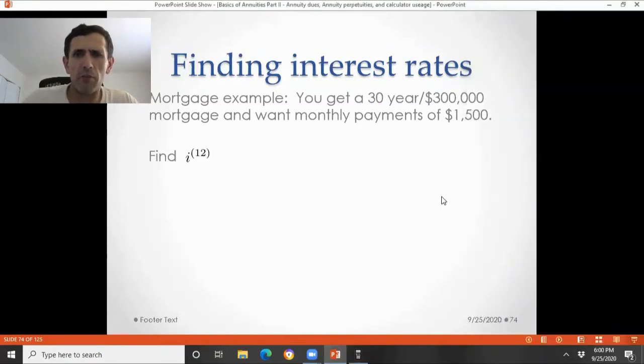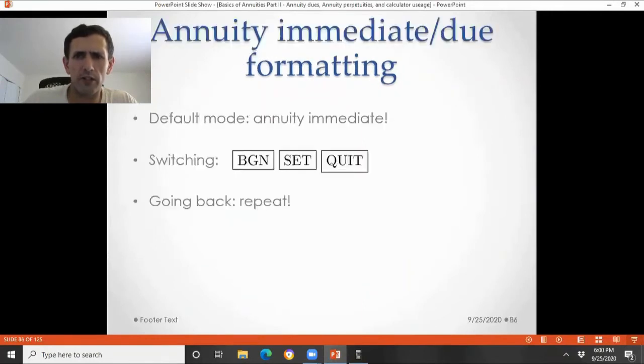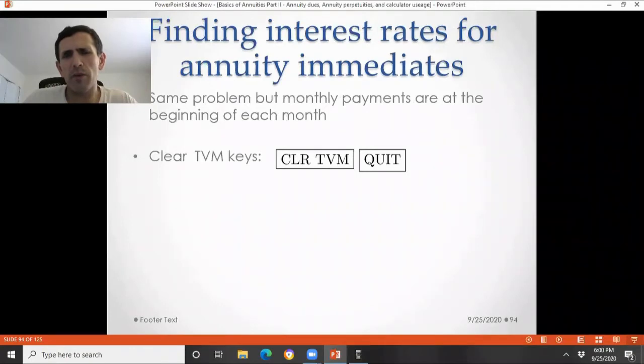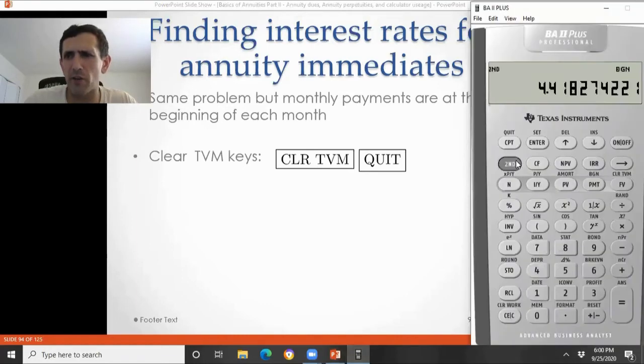Right, so let's continue on. As I mentioned, to clear the time value of money keys, just clear TVM. I like to do that whenever I start a new problem. It's a very good habit to get into. Otherwise you might have junk answers. And unless needed, I like to keep my calculator on annuity immediate mode.